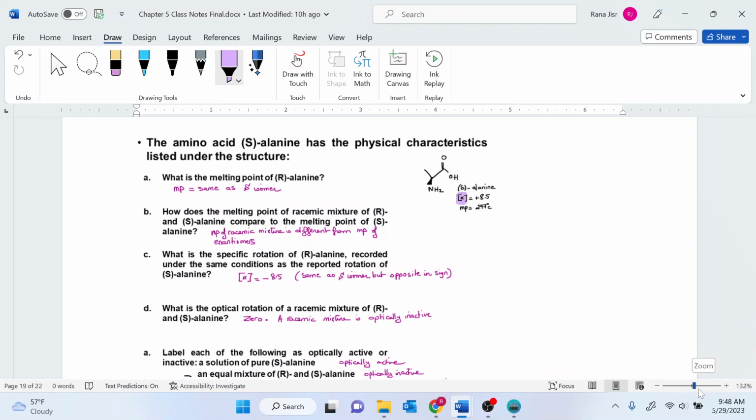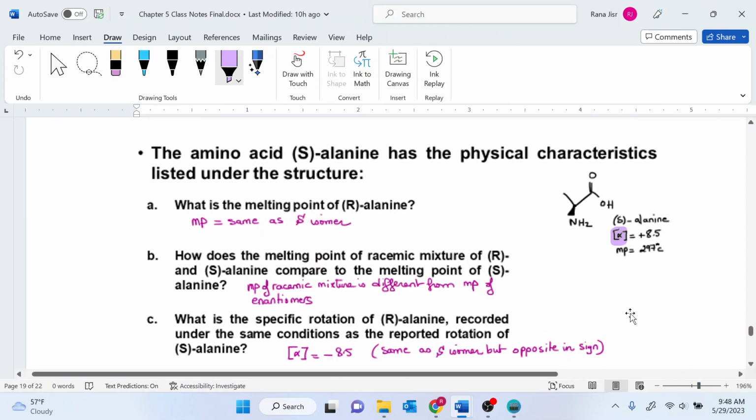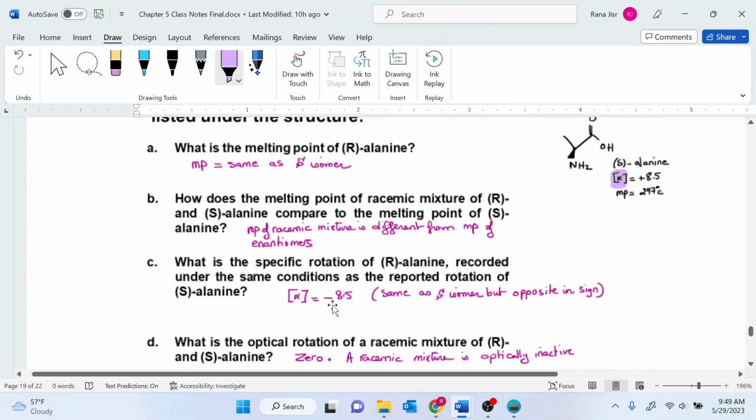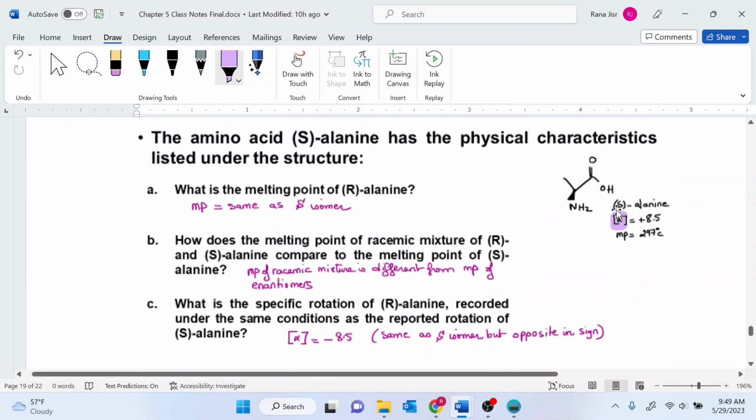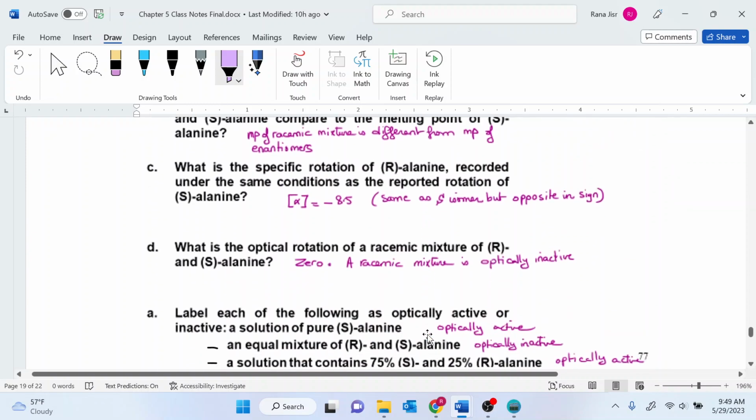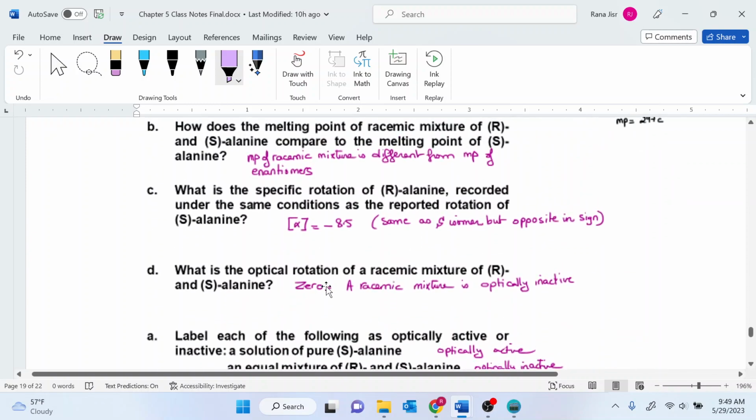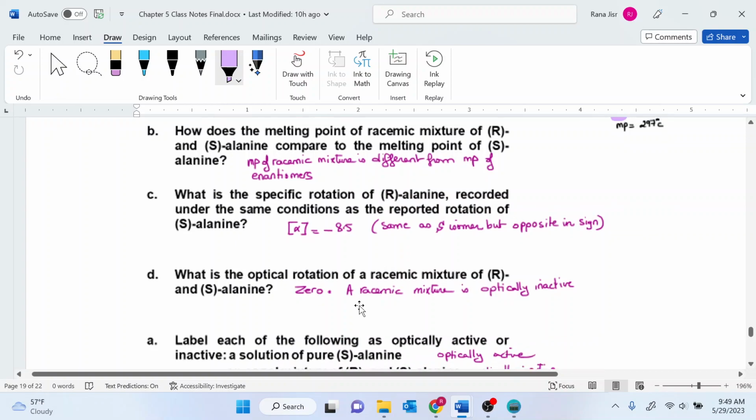If you're given the specific rotation, the alpha, for the S isomer to be positive, then the specific rotation for the R isomer is going to be negative, but it's going to be the same angle. So it's going to be negative 8.5. The optical rotation of the racemic mixture of the S and the R, both of them, is going to be 0 because this is a racemic mixture, in this case 50% R, 50% S.